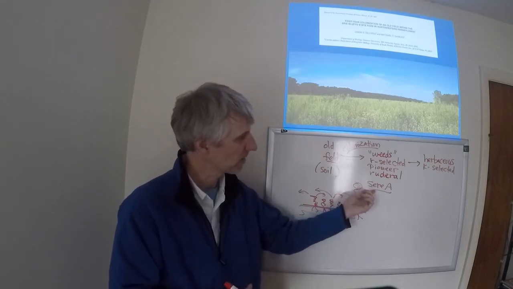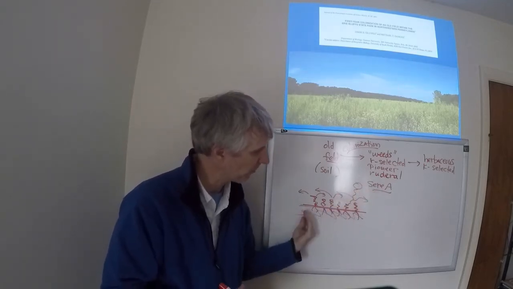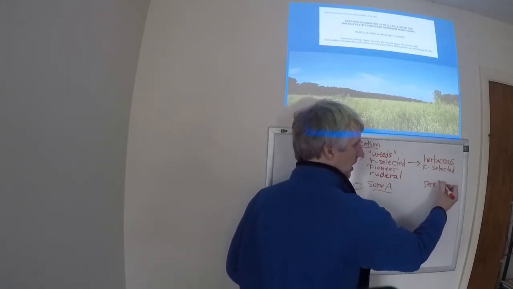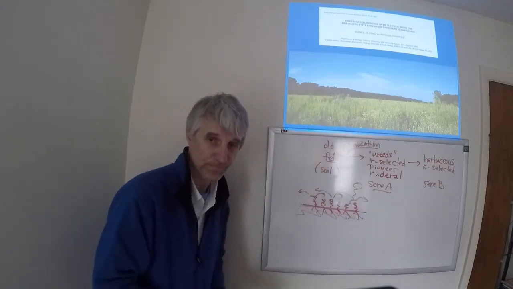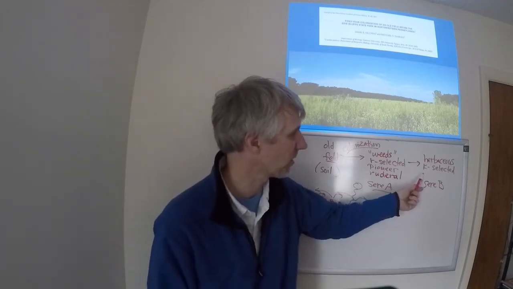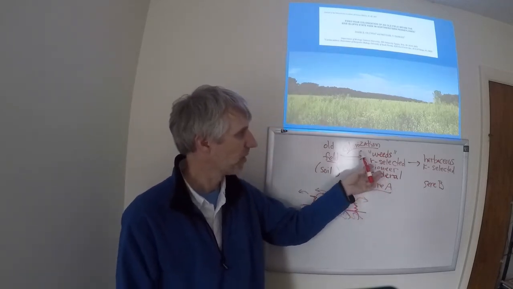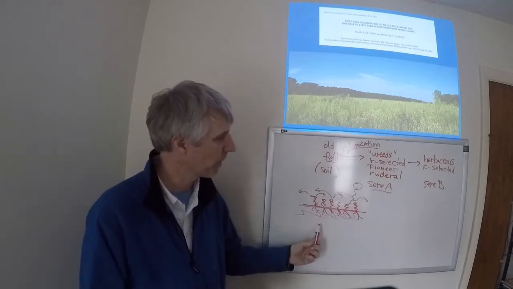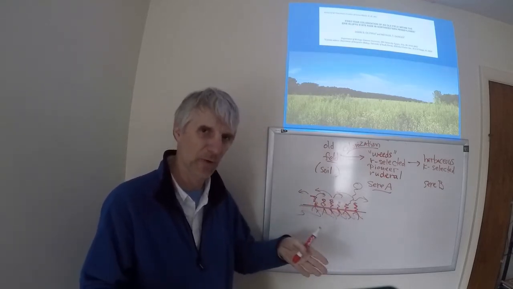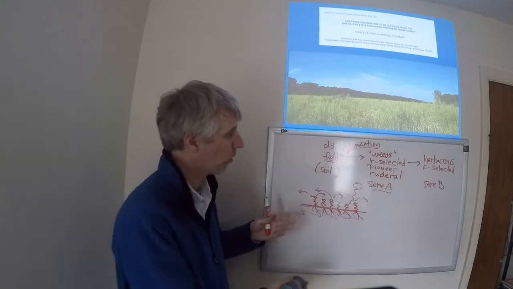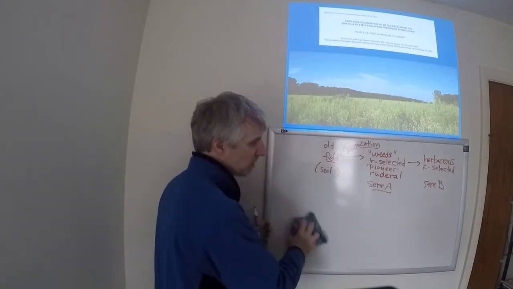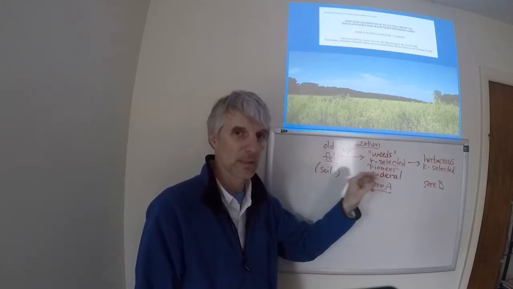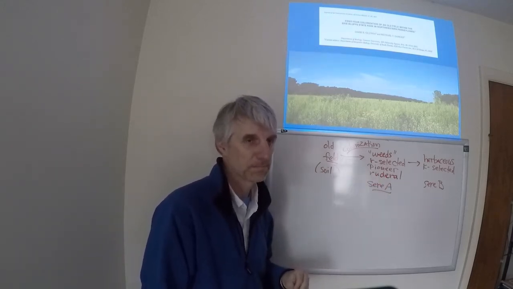But once the Sere A species have modified the habitat, these Sere B species can begin to move in. These species are also going to arrive through colonization, but they can only germinate when the habitat is more favorable. Now, once these Sere B species show up, they begin to outcompete the Sere A species. Okay?